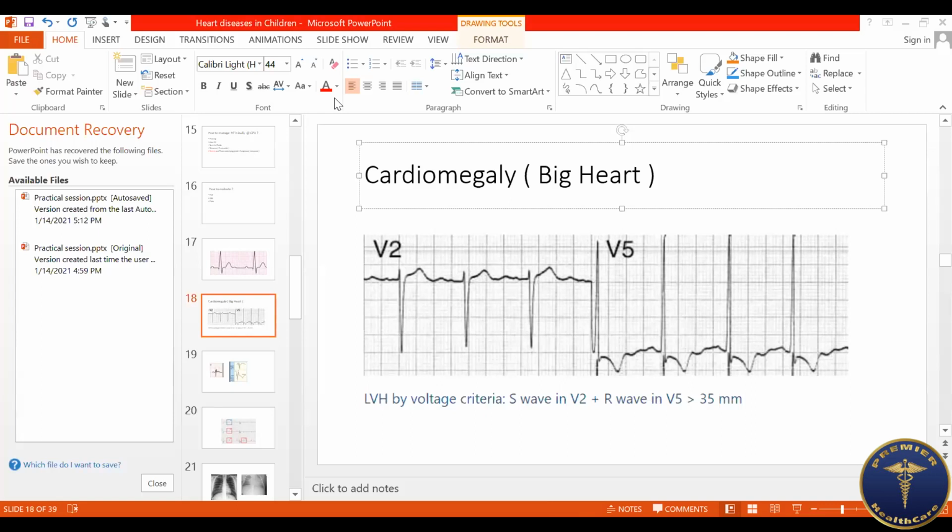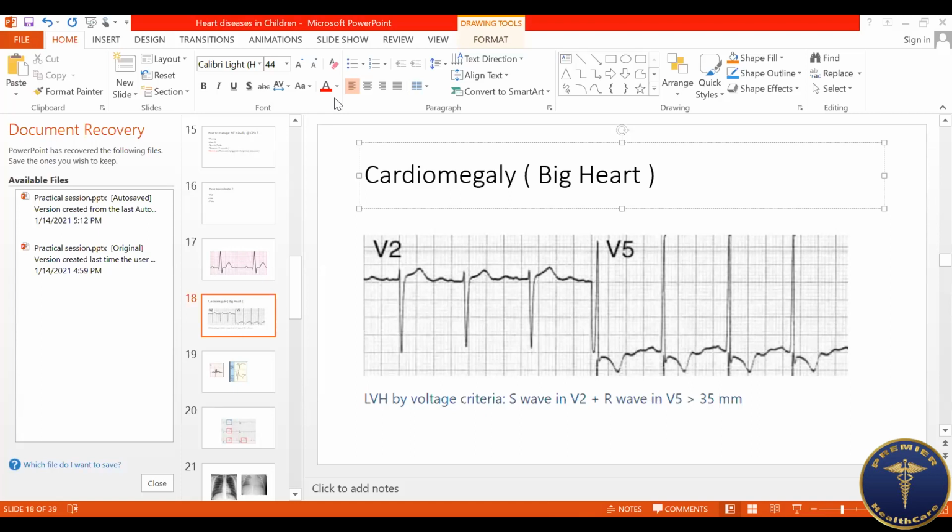If you are working in a base hospital, now remember, this is how examiners would ask questions. What investigation will you do to find out whether the child is in heart failure? You would do an ECG.